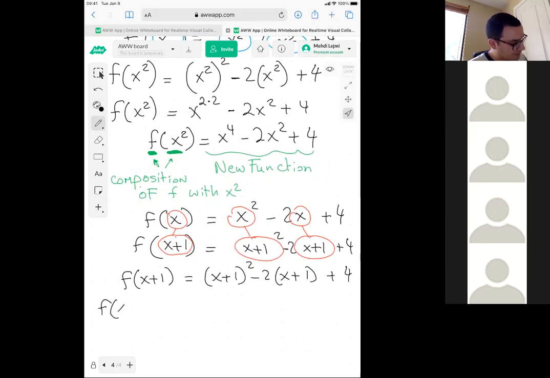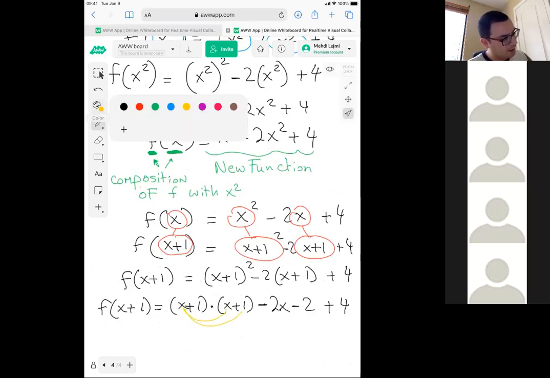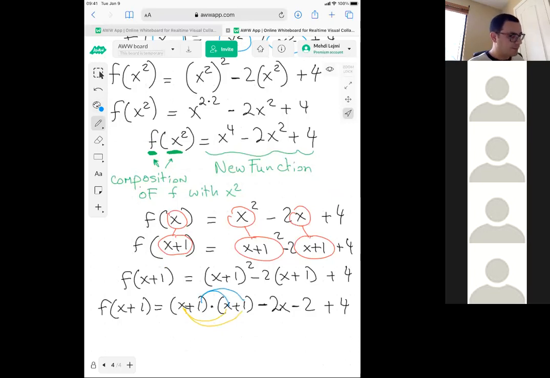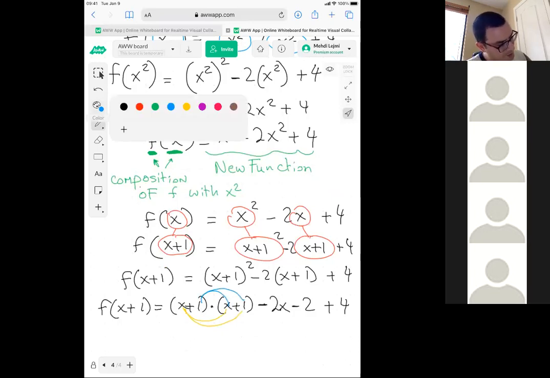This f of x plus 1 would be x plus 1 times x plus 1, and then minus 2 times x, that's minus 2x, and then minus 2 times 1, that's minus 2, and then plus 4, right? Then you can distribute this first part: x times x, then x times 1, then 1 times x, and then 1 times 1, all right? So let's distribute this.